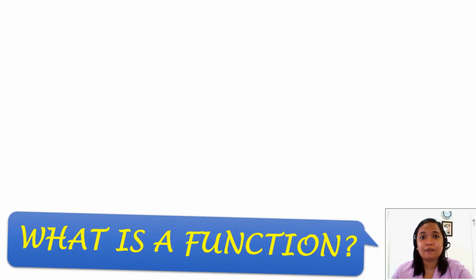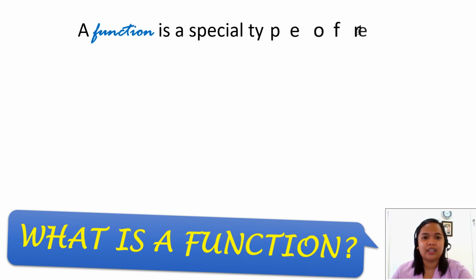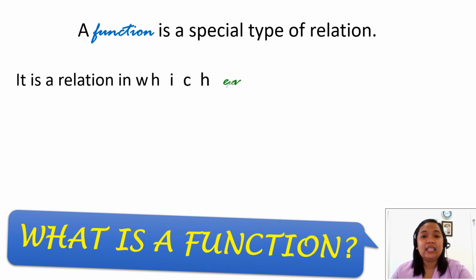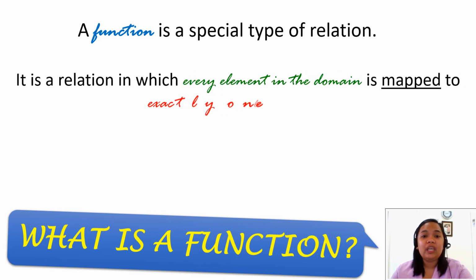So, ano pala si function? Okay, let us define function. A function is a special type of relation. It is a relation in which every element in the domain is mapped to exactly one element of range.